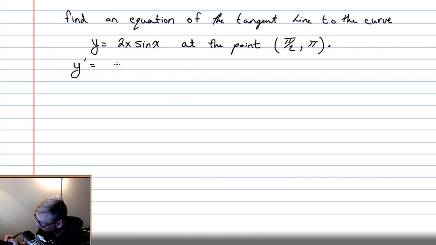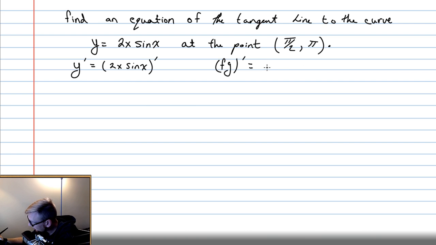y prime equals the derivative of 2x sine x. Well, this is product rule again. So f g prime plus g f prime. 2x will be our f, g will be our sine. F is 2x, so we bring that down just the same.